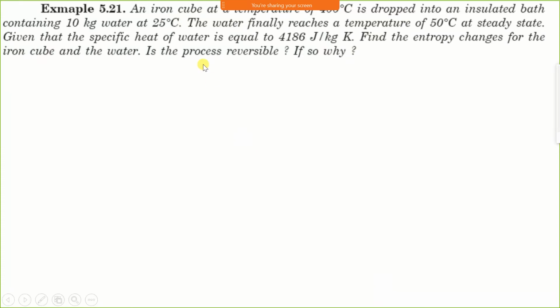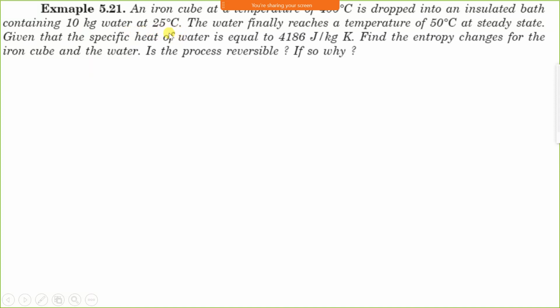Now we will see the numericals. An iron cube at a temperature of 400 degrees Celsius is dropped into an insulated bath containing 10 kg of water at 25 degrees Celsius.